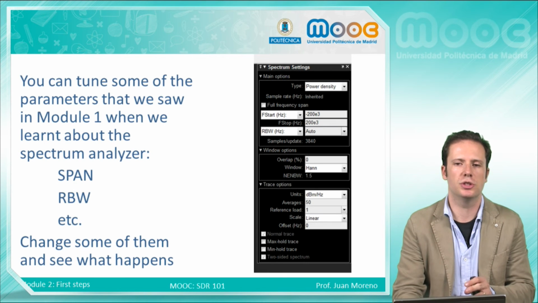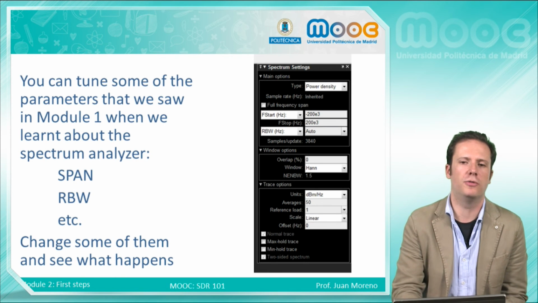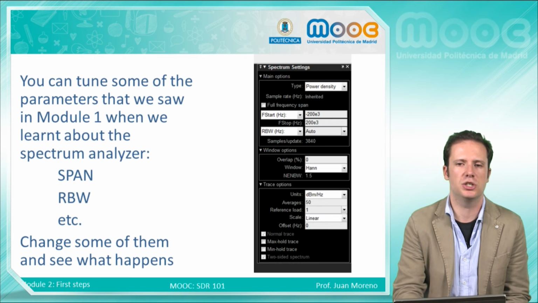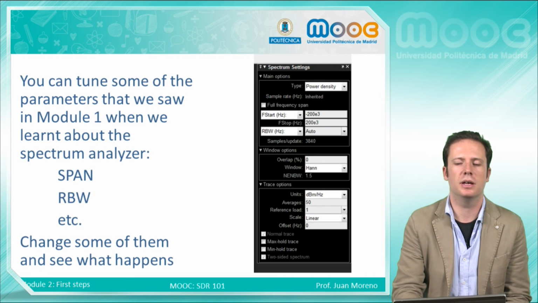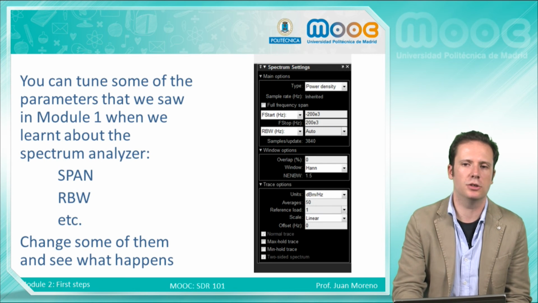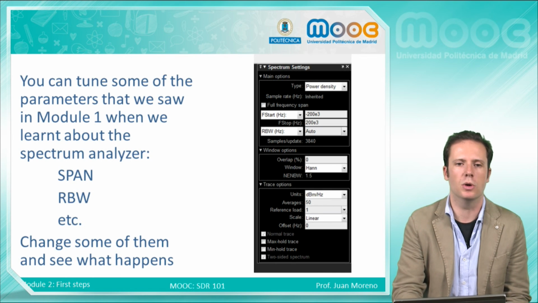You can choose the frequency, for example, of a broadcast radio station and see what happens if you move the RTL, move the antenna, and also change the sampling frequency, the automatic gain control, the gain, and so on. In this case of the spectrum analyzer, you can also change the span parameter, the resolution bandwidth, and so on. So play around with the parameters.